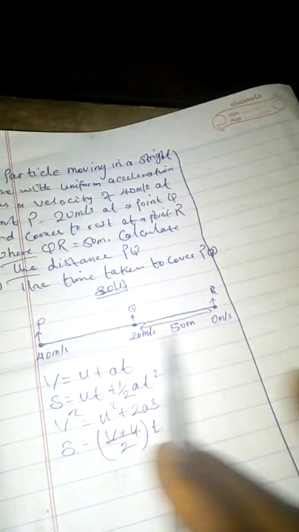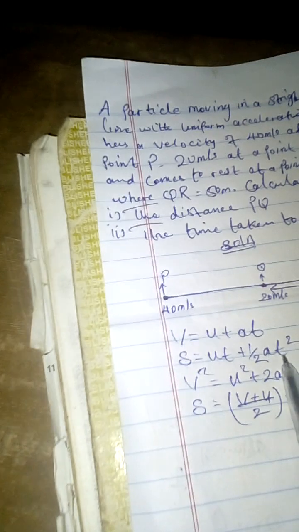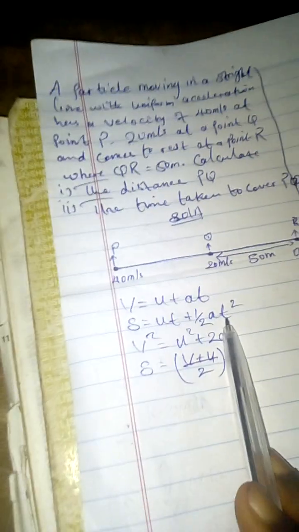If you look at the diagram that we have just drawn and at these formulas, we are to use this particular formula. S is equal to UT plus half AT squared? No. We have to use this one: V squared is equal to U squared plus 2AS, because with this one time is not given, and as well as if we take this one, time is not given.